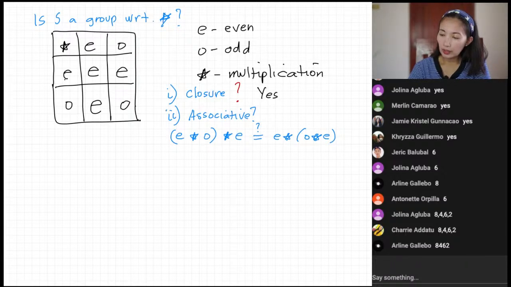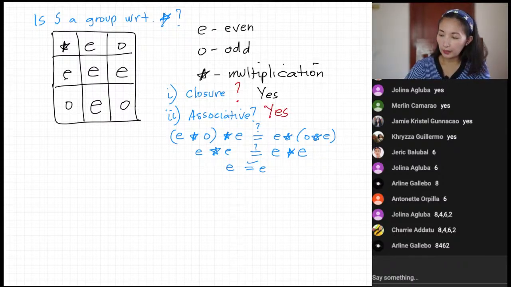E star O is E. So E star E. How about here? Question mark first because we're still in the process of checking. O star E is E. Next, the same. E star E is equal to E equal to E. Associativity is satisfied? Yes.